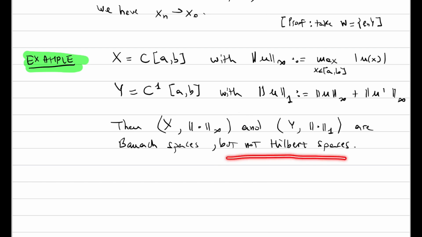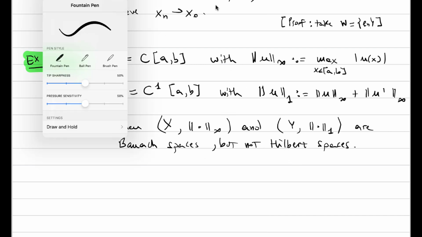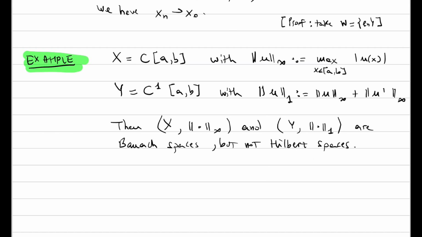And it is also easy to check that they are actually not Hilbert spaces. Maybe you can do this as an exercise. The hint to prove this is that in an inner product space we have something called the parallelogram law.